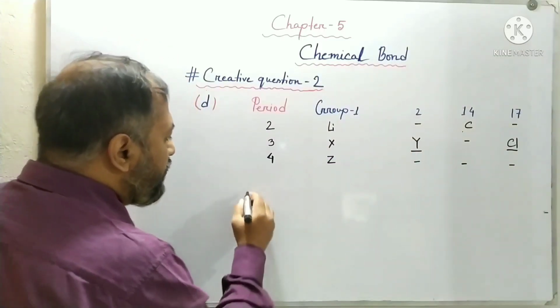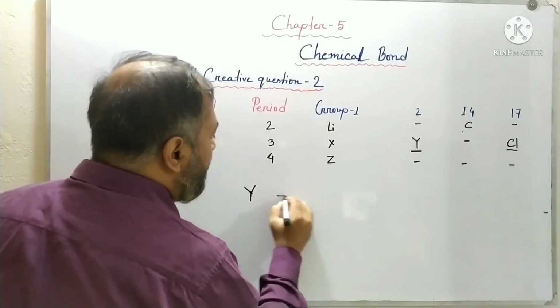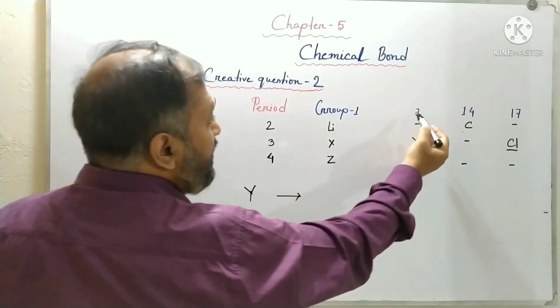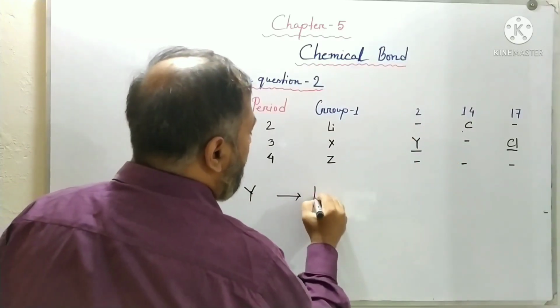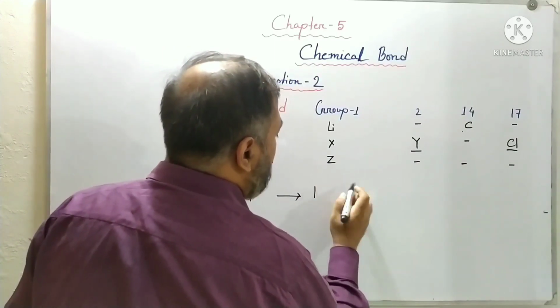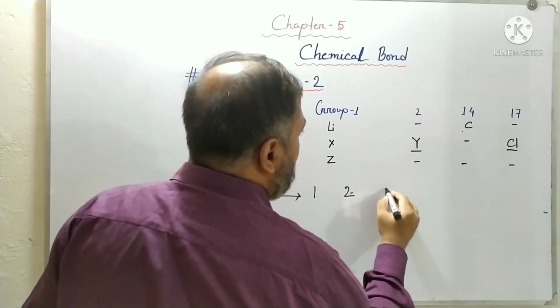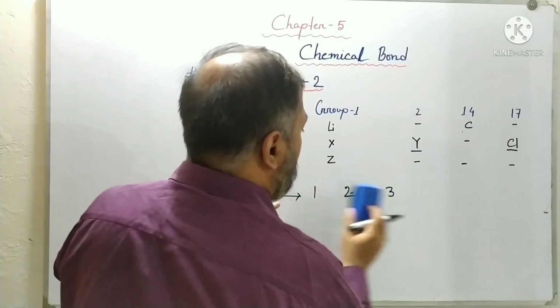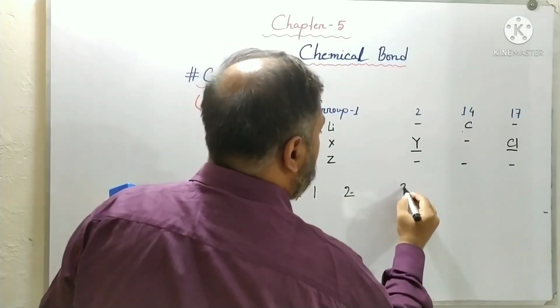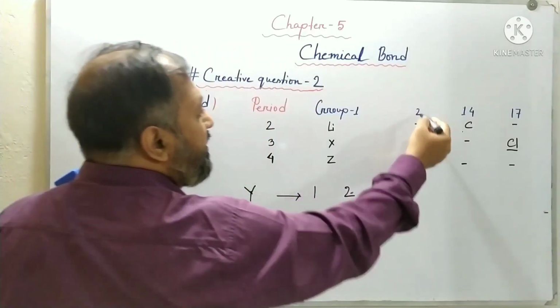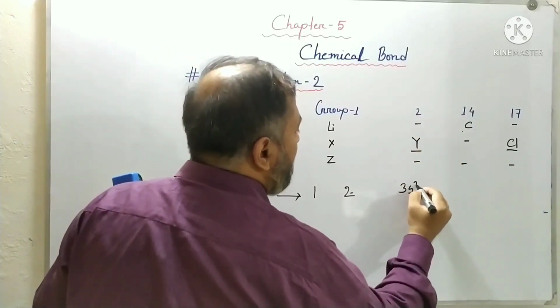So if we go through the electronic configuration of Y, you can see this belongs to the second group and third period. So 1, 2 and 3 and 3. As it remains in the second group, that means 3s2.